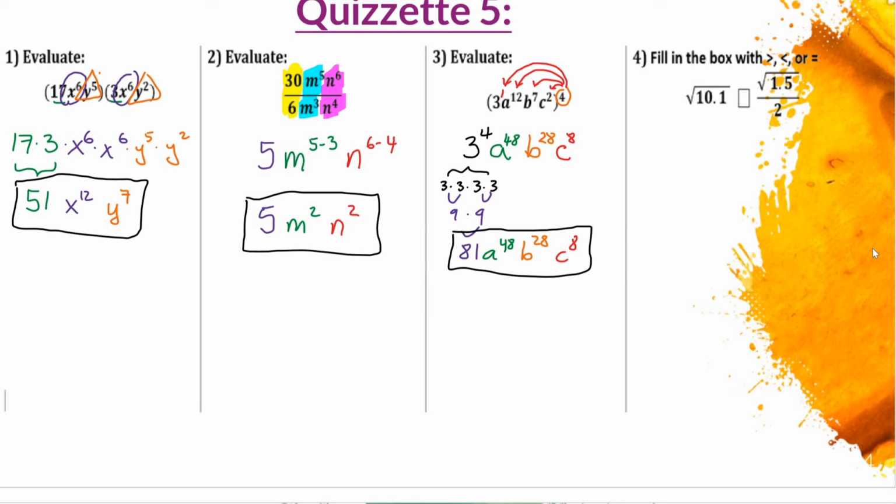Problem number 4. Fill in the box with greater than, less than, or equal. We have two expressions to compare. The first one is the square root of 10.1, and the second one is the square root of 1.5 divided by 2. First, we're going to estimate the square root of 10.1.